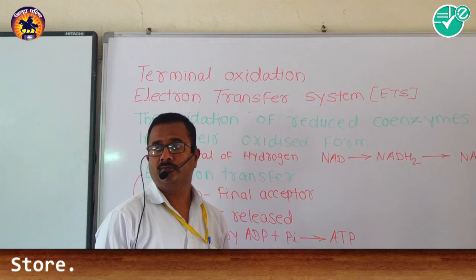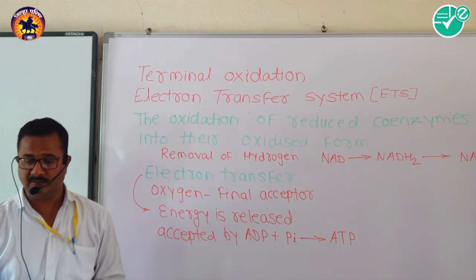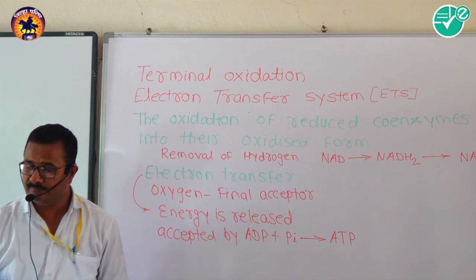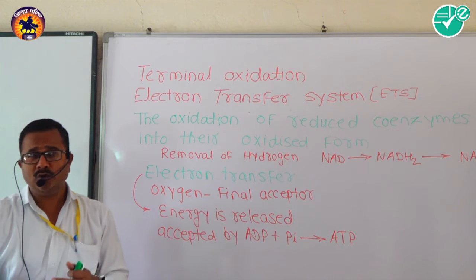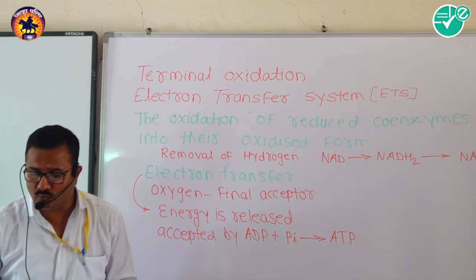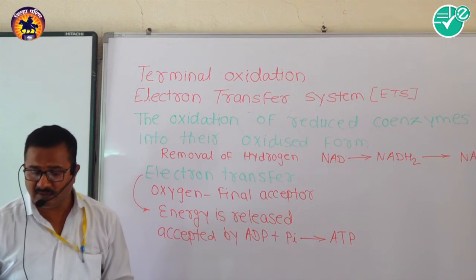Now, in the terminal oxidation or the electron transfer system, we discuss how this reduced NADH2 and sometimes FADH2 are converted back into their oxidized forms.